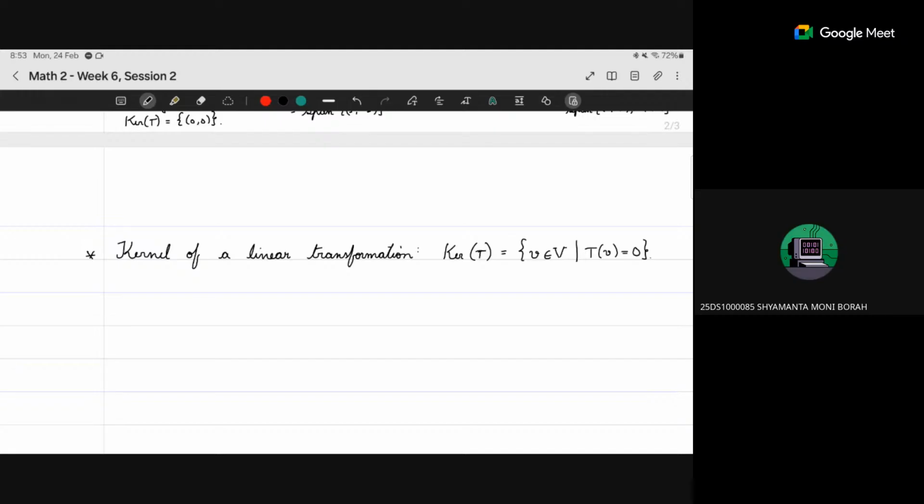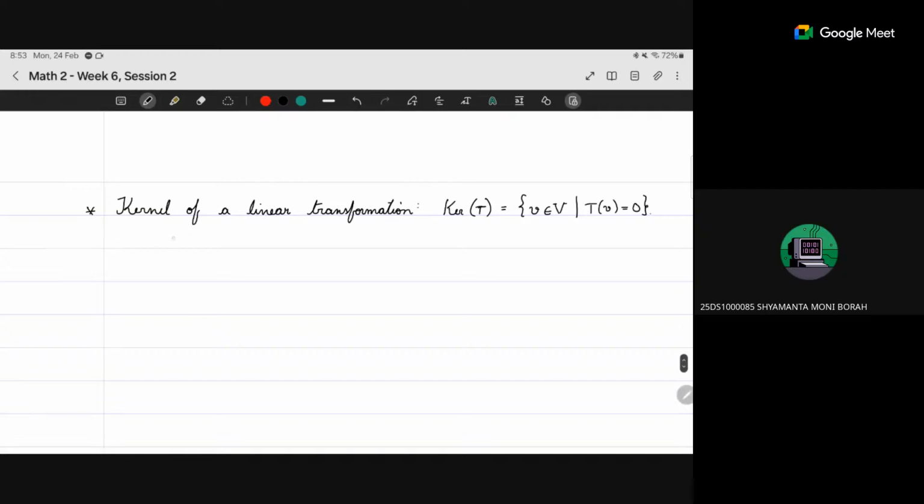Using the kernel, I can reformulate the definition of injectivity as: T is injective if and only if the kernel of T is 0. This 0 is the zero vector in V. We just write it as 0.